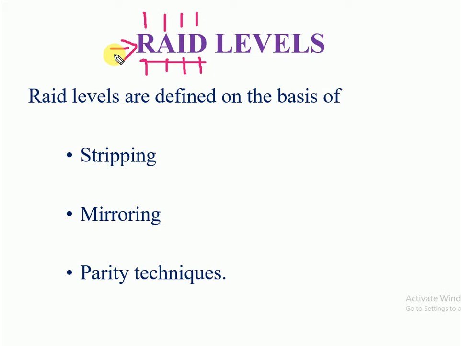We are using different levels of RAID through which we can maintain the disks and store the data based on the different levels available. Before moving into the discussion on different levels of RAID, we will discuss the basic terms related to the levels of RAID.